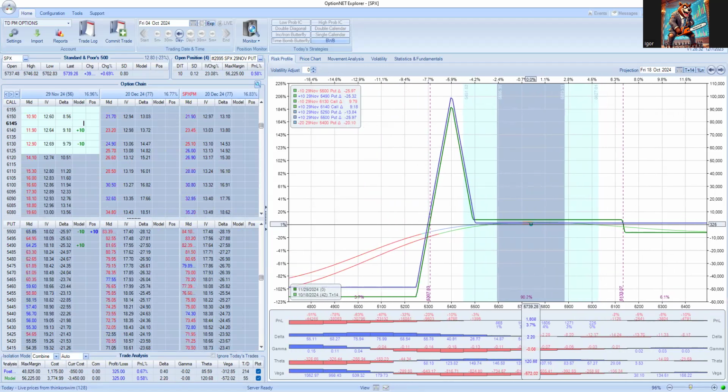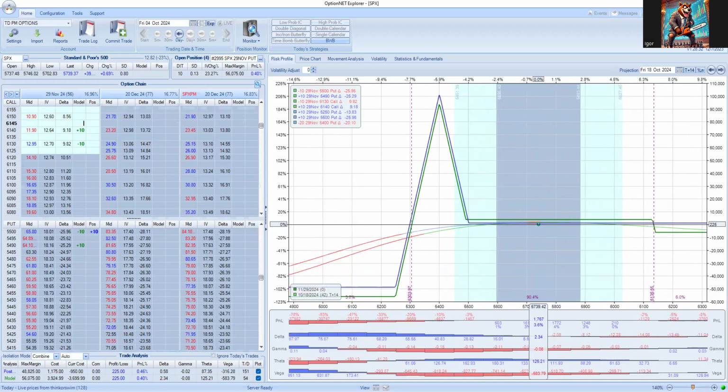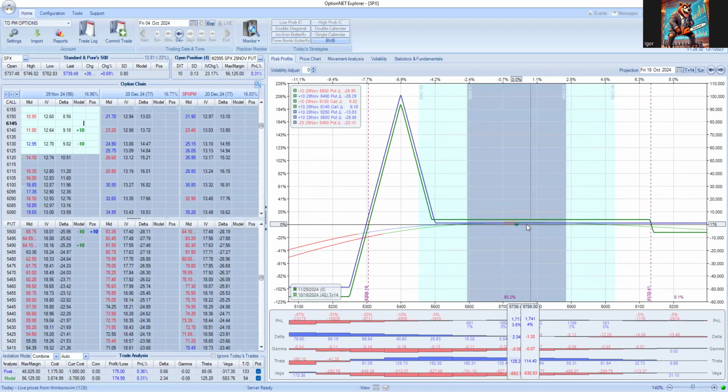And when I say we need to monitor, we don't need to look at it tick by tick, but we need to be aware that if the market continues to move higher and the time is running off the clock, we need to take care of this problem sooner rather than later, because the longer we wait, the more expensive the adjustment is going to be. And we only have so much credit that we're collecting to work with, right?